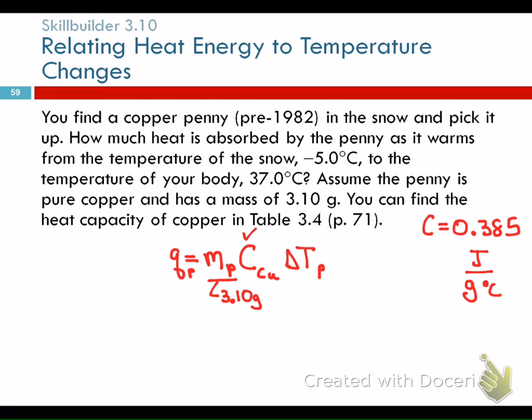Well, delta T is the final temperature minus the initial temperature. So what's my final temperature? Yep, it's your body temperature, 37 degrees Celsius. So this is delta T. And then minus the initial temperature, which is minus 5 degrees Celsius.